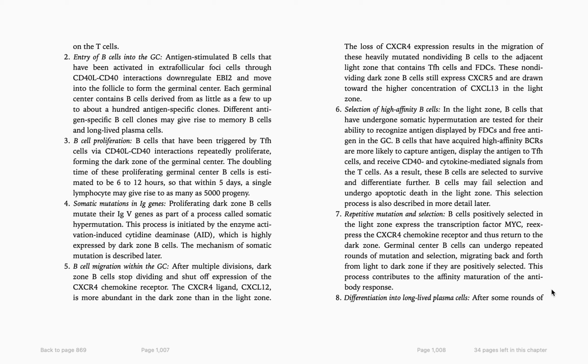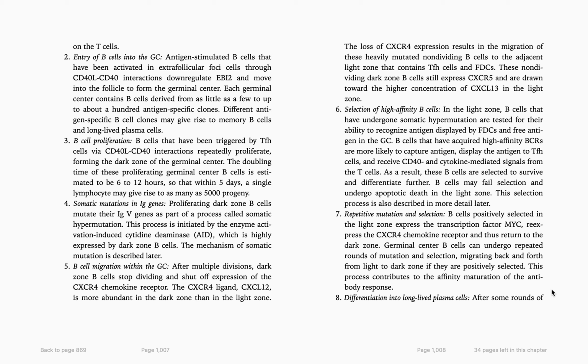B cell migration within a germinal center. After multiple divisions, dark zone B cells stop dividing and shut off expression of the CXCR4 chemokine receptor. The CXCR4 ligand CXCL12 is more abundant in the dark zone than the light zone.